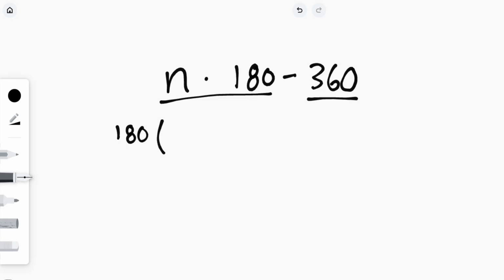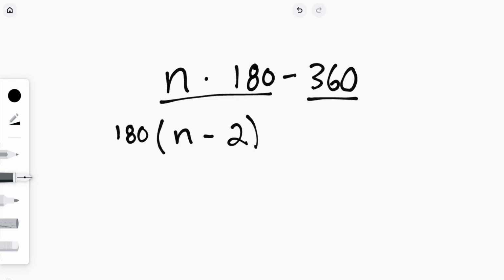I need to figure out what to multiply now. 180 times what will give me n times 180? That's just n. I pulled out the 180. Okay, and 180 times what is going to give me negative 360? That's going to be negative 2. Negative 2 times 180 will give me negative 360.